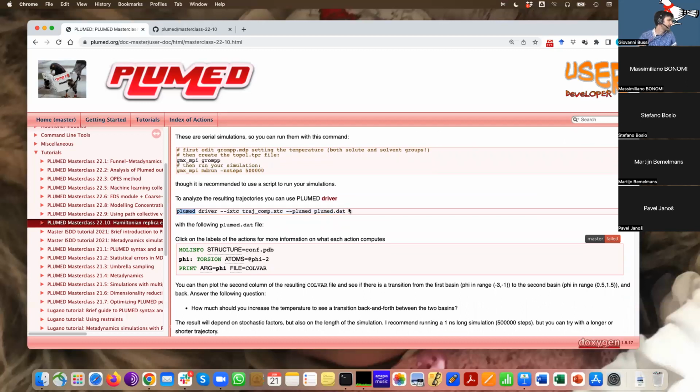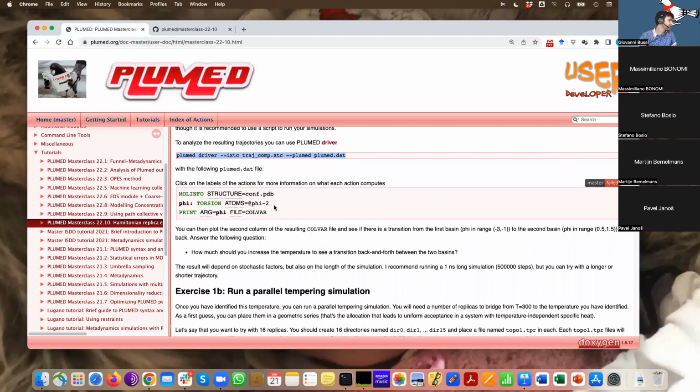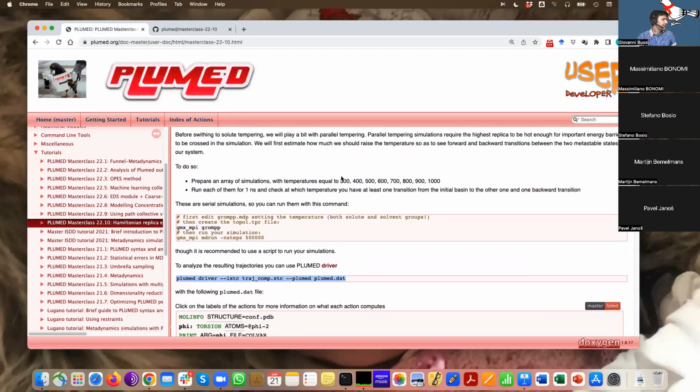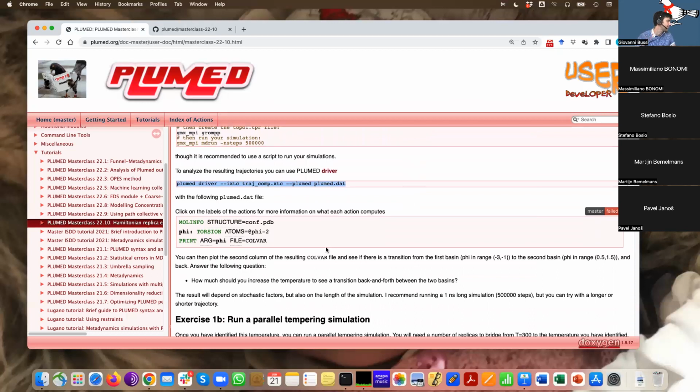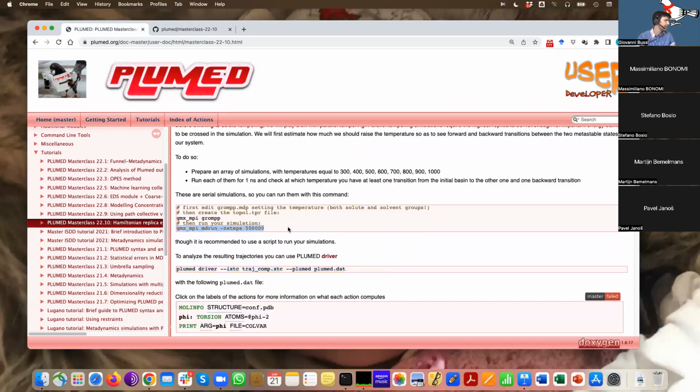And then here I suggest to use the driver to compute some torsion angle. You can look at the trajectory of phi and see which temperature you need to use in order to see frequent transitions between the two metastable states of alanine dipeptide. The definition of frequent is a bit arbitrary and also depends on the length of the simulation that you're going to run here.